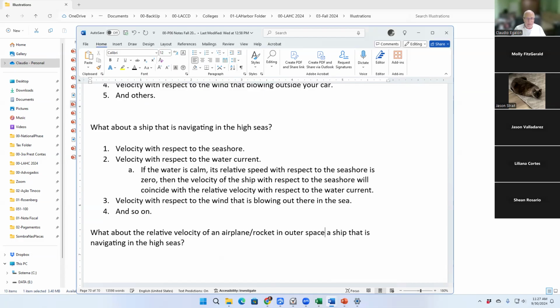In the case of a rocket in outer space, now you can start talking about the relative velocity of a rocket with respect to the Earth, to the center of the Earth, let's say, or the relative velocity of the rocket with respect to a point in the equator in the Earth. The relative velocity of the rocket with respect to the sun, the other star, another planet, okay?